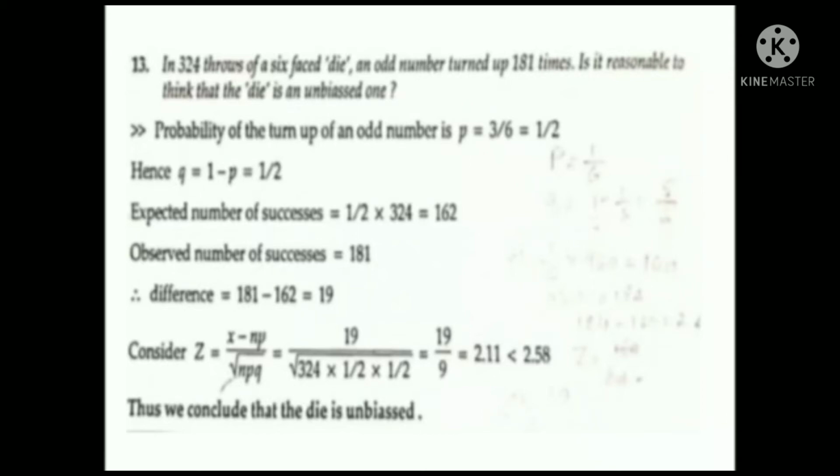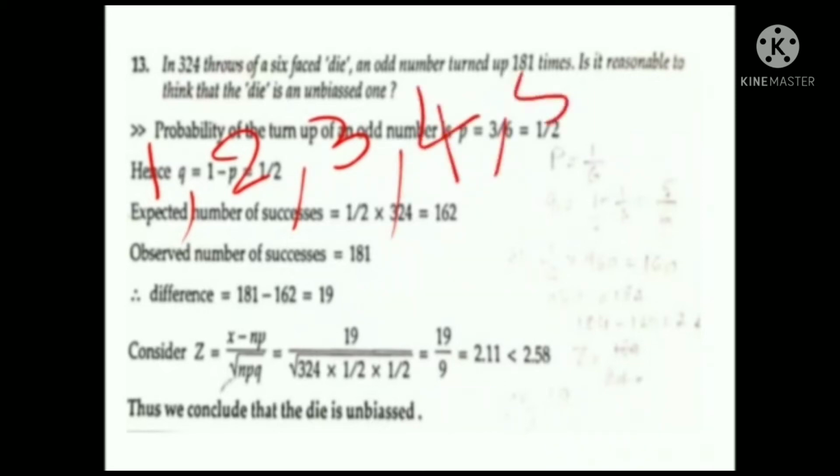So consider the probability of turning up of an odd number as a success, because when a die is thrown, what is the probability of turning up an odd number? When a die is thrown, we have 6 alternatives that we can get, and each of them has an equal chance of coming. So we have altogether 6 options.